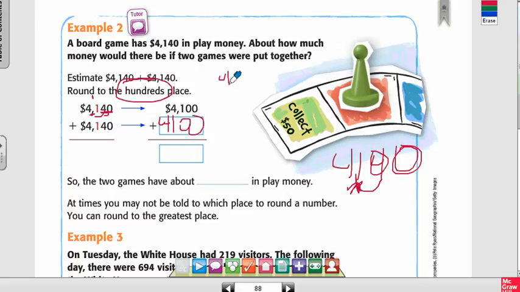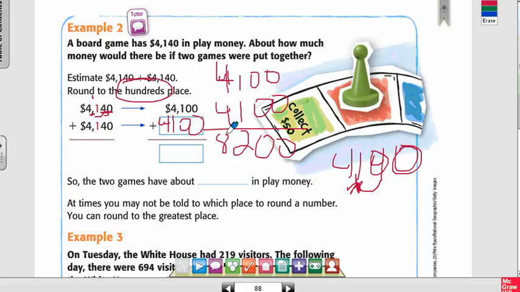So now I have 4,100 plus 4,100. 0 plus 0 is 0. 0 plus 0 is 0. What's 1 plus 1? 2. And then 4 plus 4? 8. So how much play money would 2 games have? 8,200. So the two games have about 8,200 in play money.